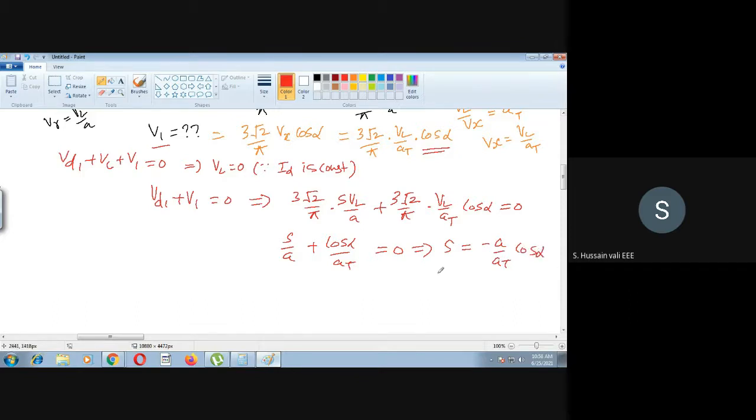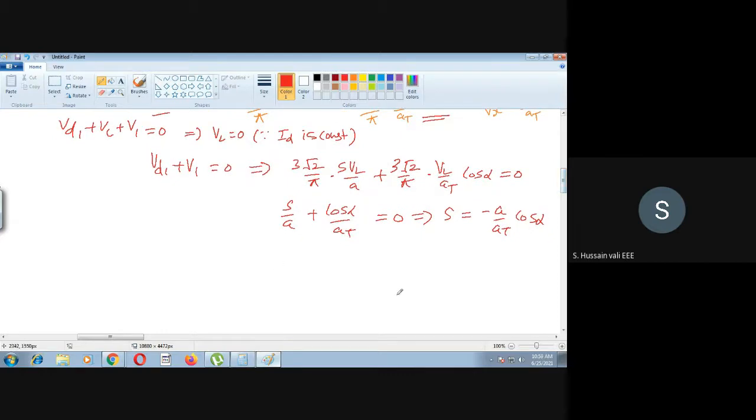For example, if I take only the magnitude, because slip is negative in the sense you get some other answers, and also cos alpha is greater than 90. So we will take magnitude here. If I take only magnitude, you will get A by AT cos alpha.